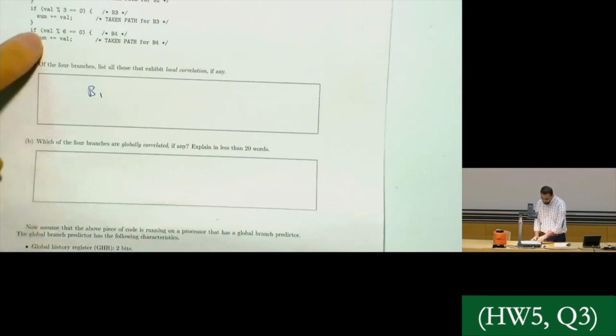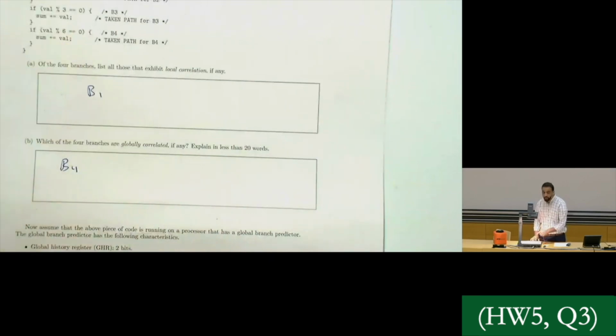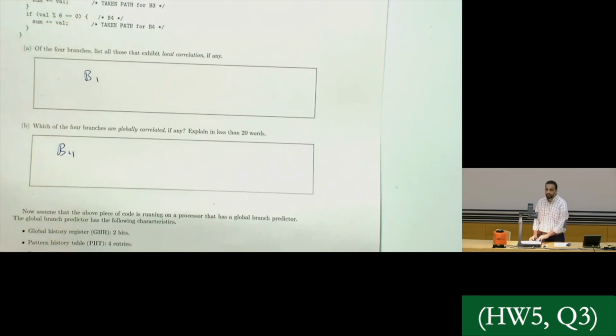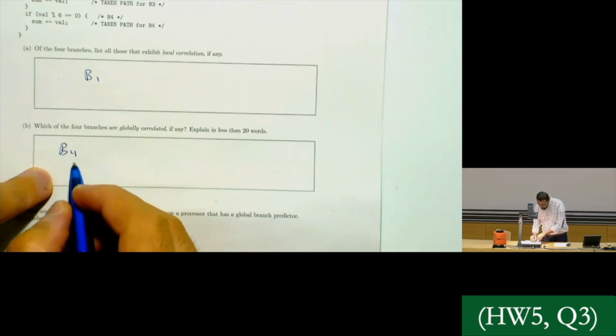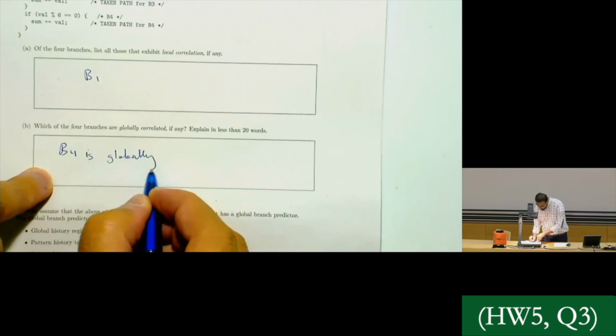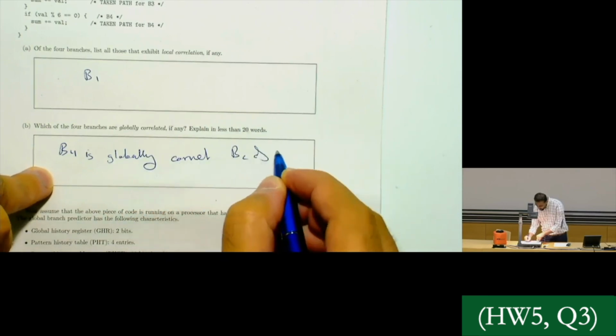So obviously, if B4 is taken at the current iteration, then for sure B2 and B3 should be taken. Any number that's a multiple of 6 should be for sure a multiple of 2 and 3. So B4 is globally correlated with B2 and B3.